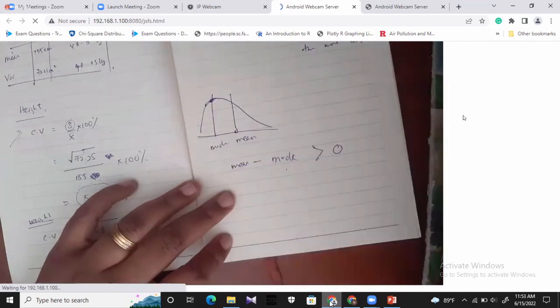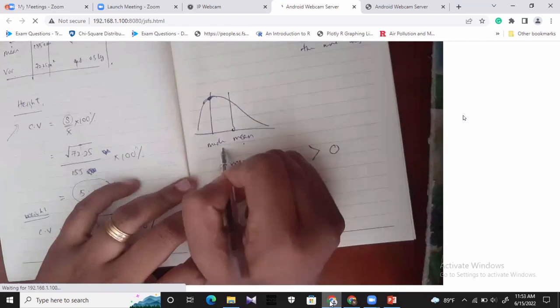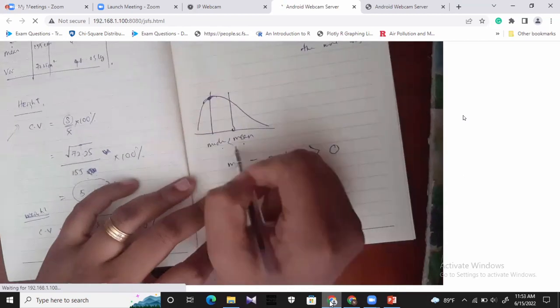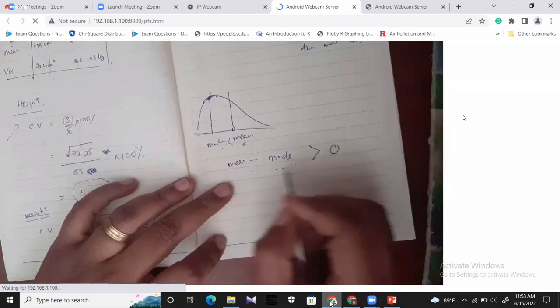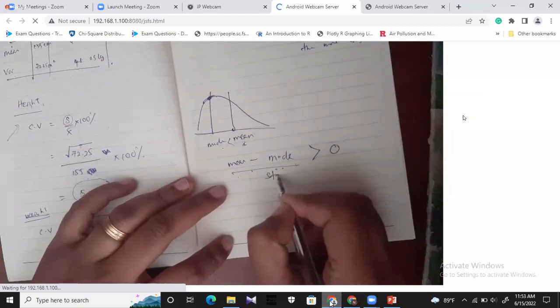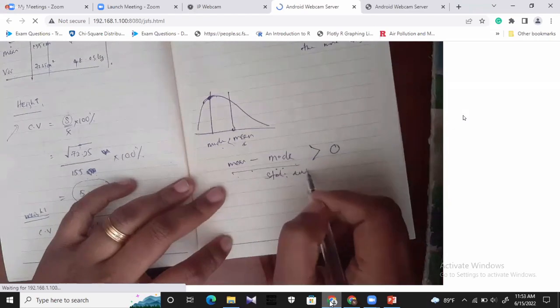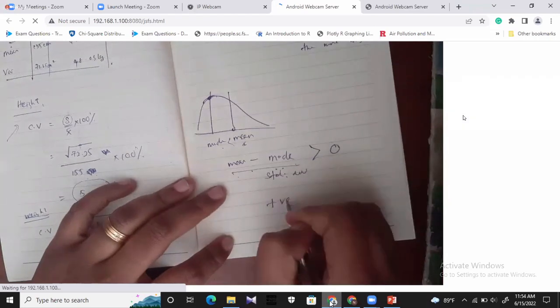Mean is greater than mode. Somewhere here. No? Since mean minus mode is greater than 0, this term divided by the standard deviation is also positive. Understand?